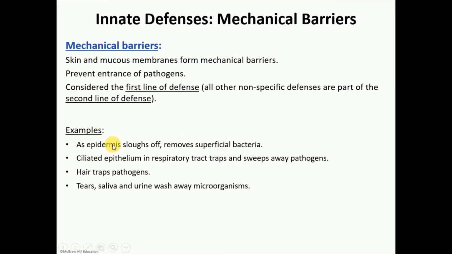Okay, we also have the ciliated epithelium of the respiratory tract. Those also brush off and sweep away pathogens trying to get into our lungs. We have hair that traps pathogens, like hair in the nasal cavity, for example. And then tears, saliva, and urine. All of these watery fluids help in washing away microorganisms, and all of those are examples of your mechanical barriers.